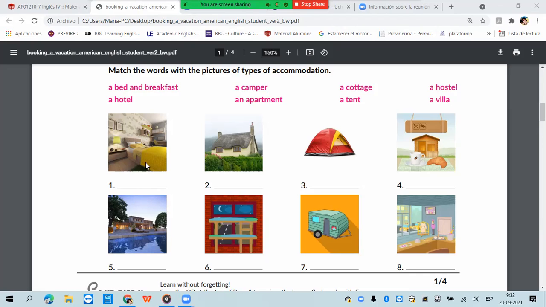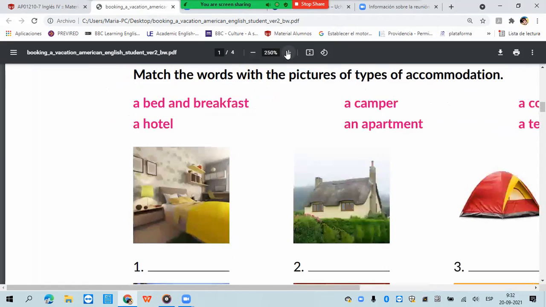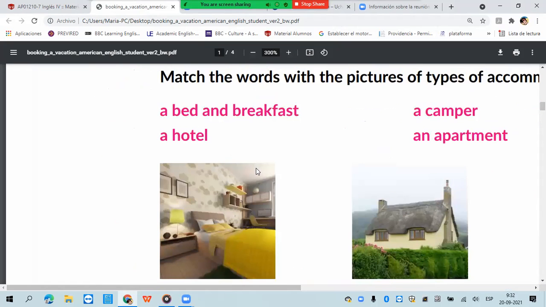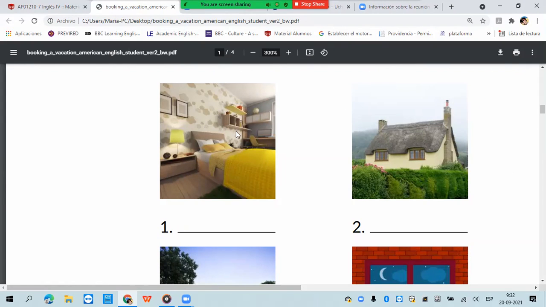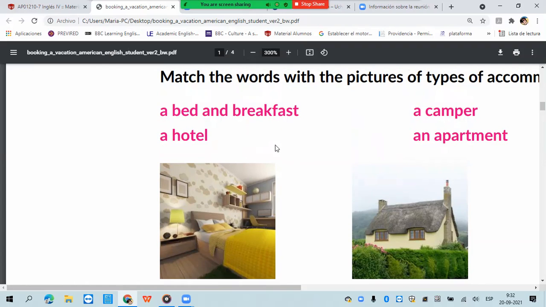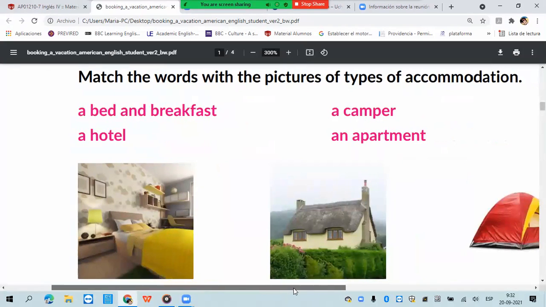What is that? Let me enlarge the picture. It's a bedroom. Yeah, it is a bedroom, but I don't see the breakfast.